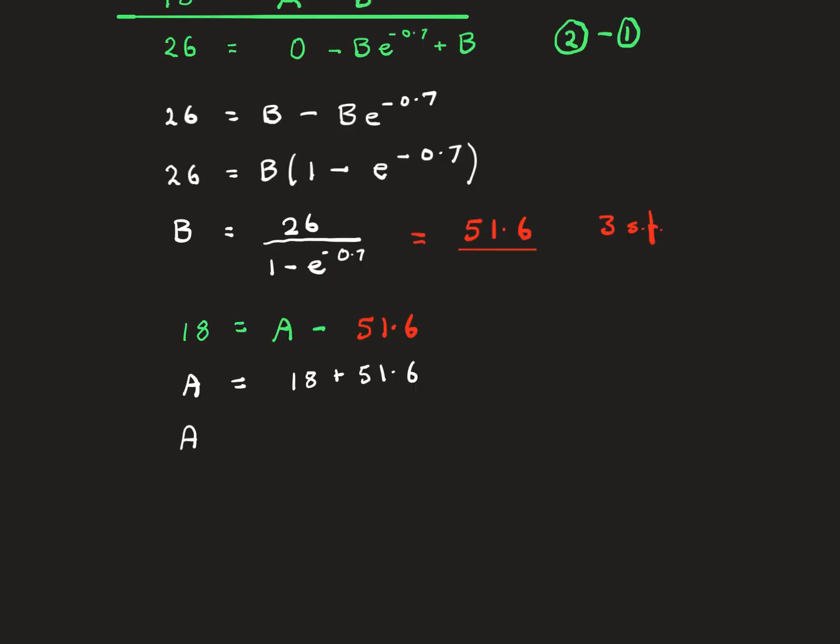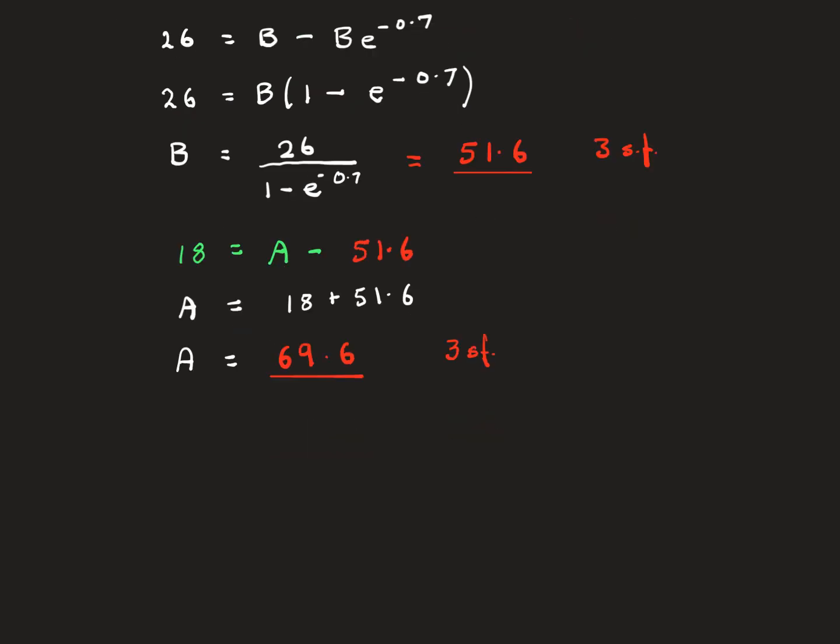So this makes A equal to 69.6, once again to three significant figures. All we have left is to substitute this into our original equation, which will be theta equals 69.6 take away 51.6 e to the minus 0.07t.